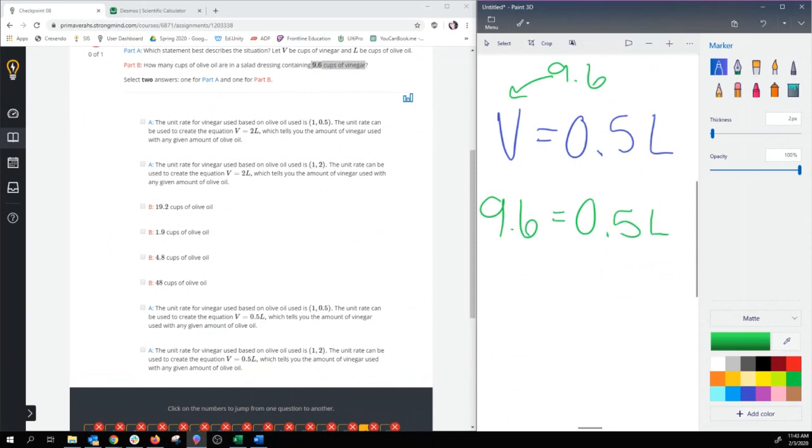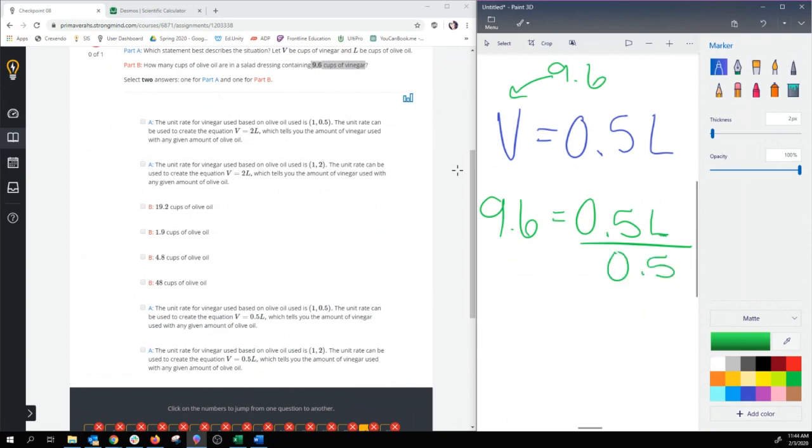Now to solve for L here, I need to get L by itself, right? The opposite of multiplying L by 0.5 would be dividing. What number am I trying to get rid of? What number do I not want next to my L? The 0.5, right? I'm trying to get rid of this 0.5 because I want L by itself.